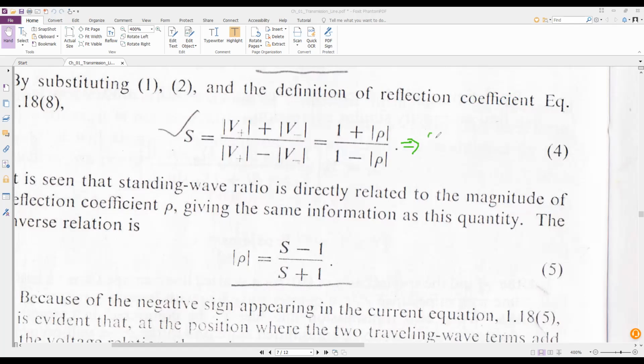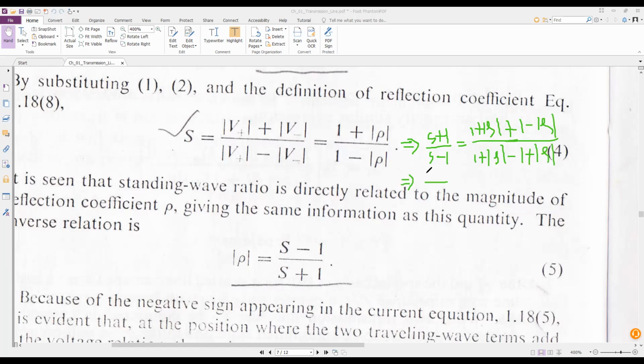From here it is S plus 1 by S minus 1. So 1 plus rho plus 1 minus rho, 1 plus rho minus 1 plus rho. So what would happen?